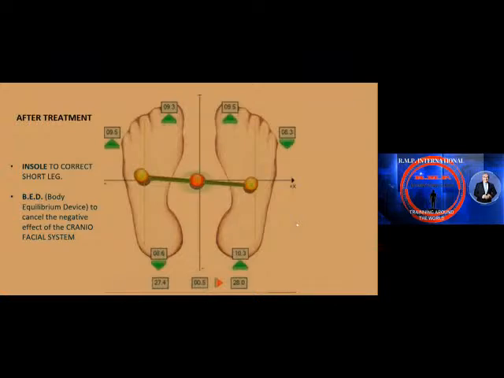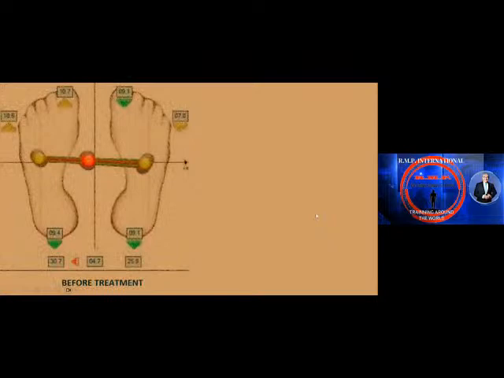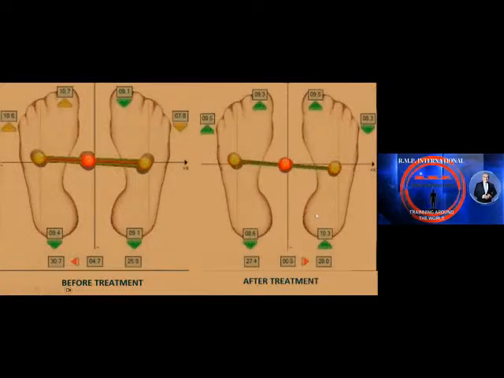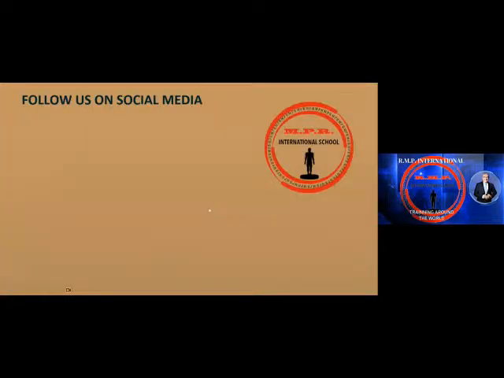Body center is centered. And normalization of the loads in each area. Before and after. That's measurement. When you measure, you can see your treatment. You can also follow your treatment. That is the goal of the Posturometer.